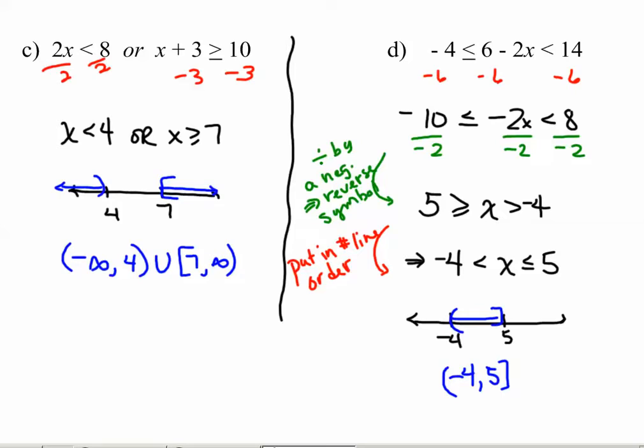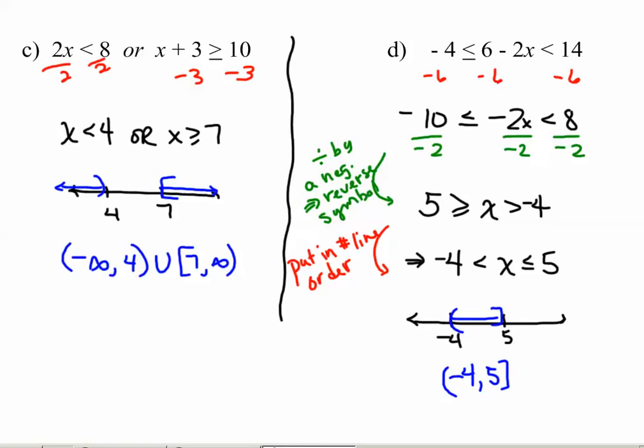Over here, this one's a little different, we're going to have to subtract the 6 because that's a positive 6 there, and that'll get me this new inequality, -10 is less than or equal to -2x is less than or equal to 8. Careful here, because if you divide by a negative, remember that means you flip your inequality symbols, so we end up with 5 is greater than or equal to x is greater than -4.